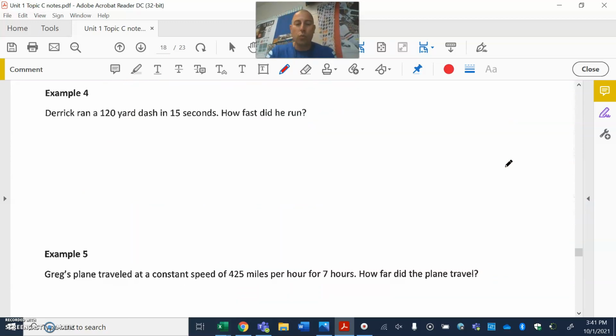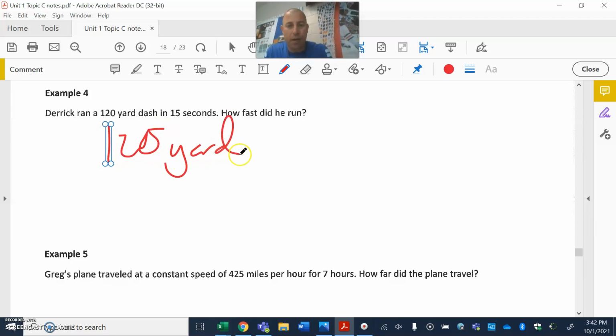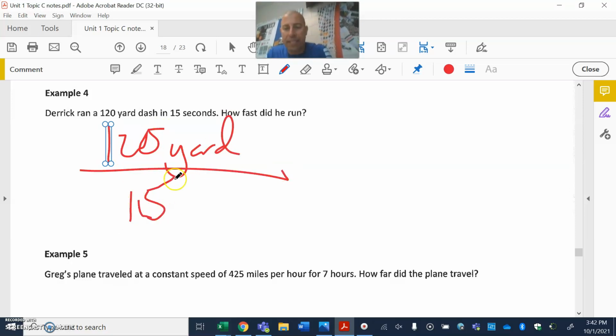Let's do one more here. This one's kind of similar to what we had before. We're going to set it up here: 120 yards in the 15 seconds. How fast did he run? What we've got to keep in mind is fast, that is a speed, that is a rate.